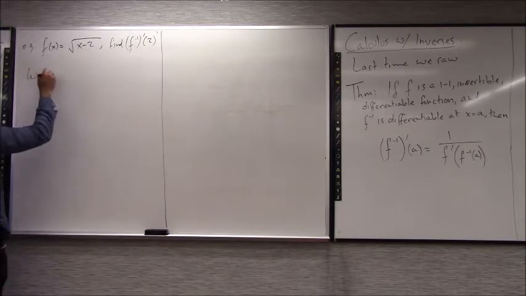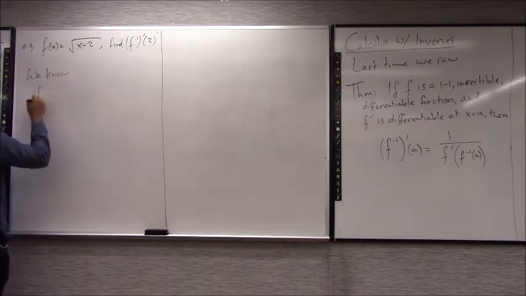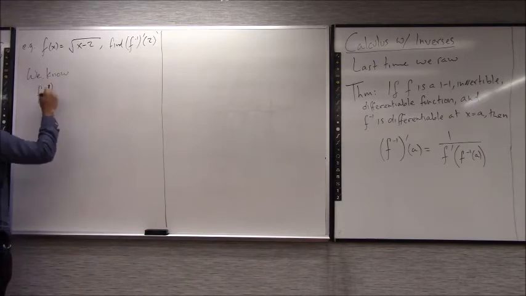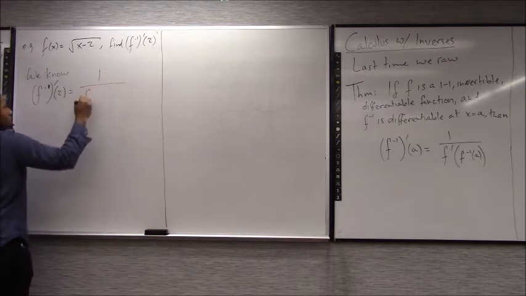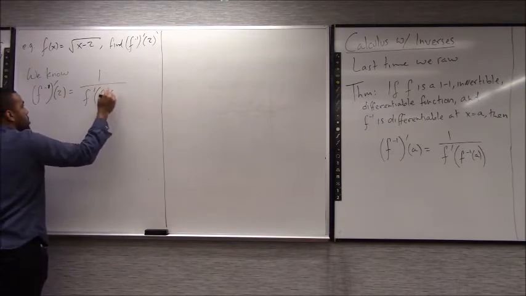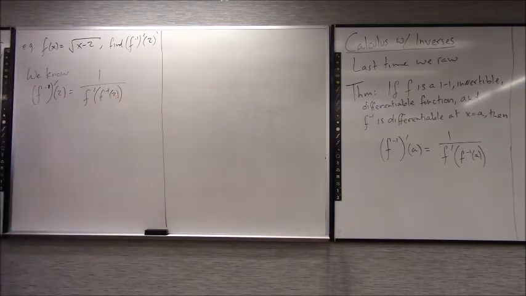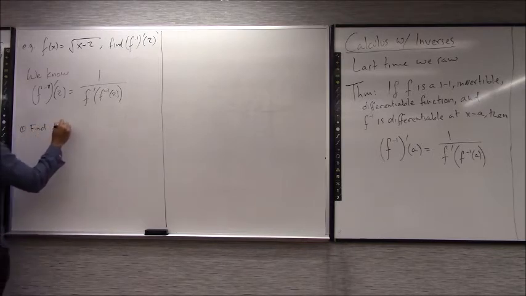We know that the inverse derivative at the point 2 is going to be equal to 1 over f prime of f inverse of 2. So the first thing we're going to do is find f inverse of 2.